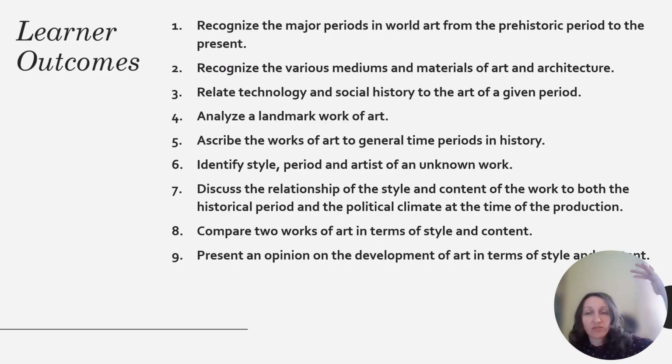Okay, these are the learning outcomes for the semester. By the end of the semester, you will be able to do all of these things. So if you're taking this class not as part of your major, but just as an elective, and you're thinking, okay, I just need to check this box and get this over with, one thing I want to talk to you about is that a lot of what we're going to talk about is using a vocabulary of how you see.